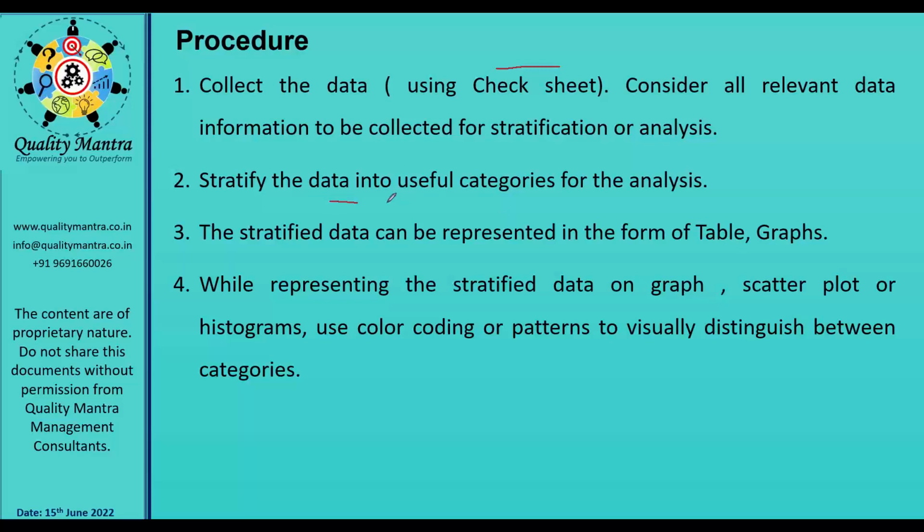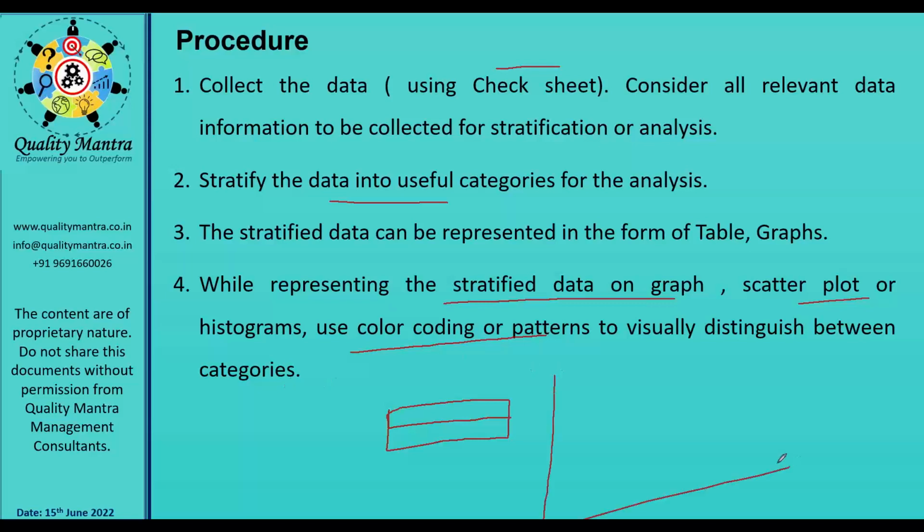Then you have to stratify into useful categories for the analysis. Now, the stratified data you can show in tabulated form, or you can show it in the form of a graph. When you represent the stratified data on a graph, you can do it on a scatter plot or histogram. Use color coding or patterns to visually distinguish between the categories.